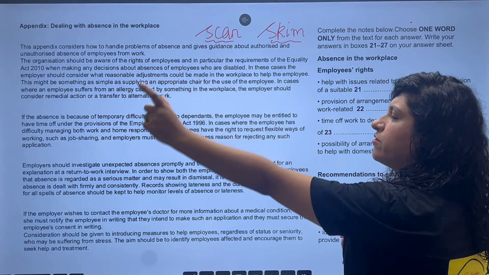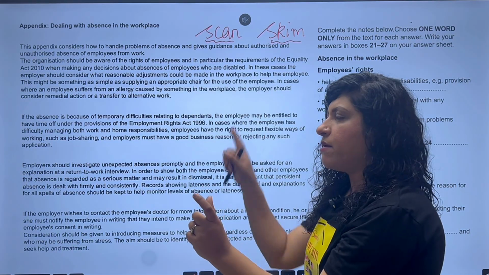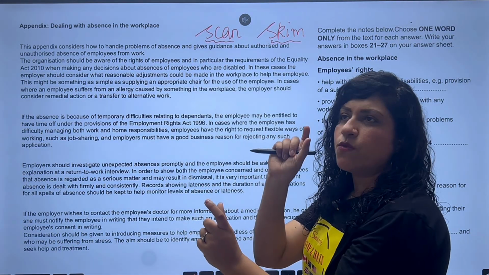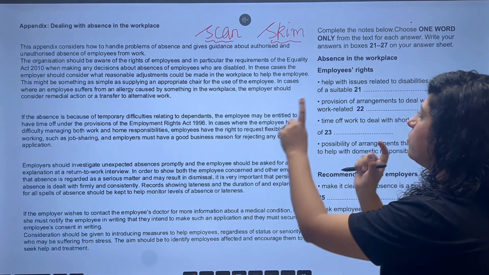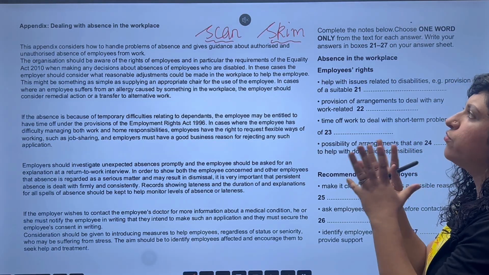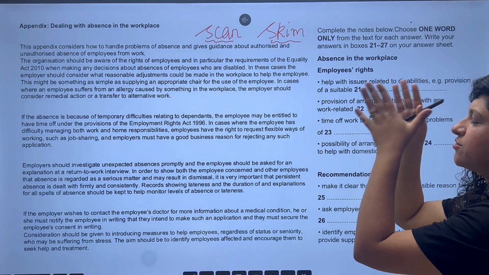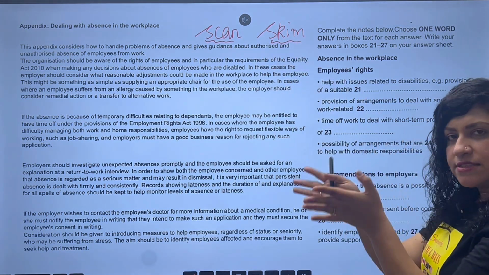So you scan for the keyword. Once you're able to locate the keyword, read around the text, try to understand what it's trying to say, and check whether it's the same information that you're looking for. That is what scanning and skimming is about.